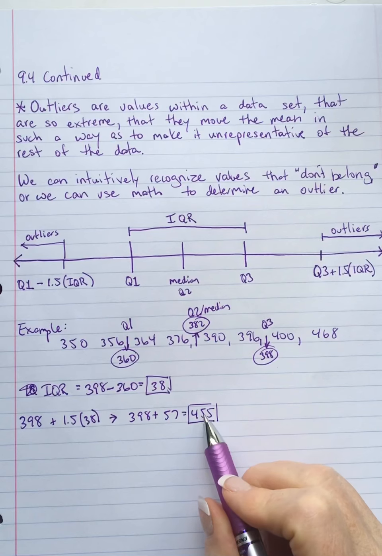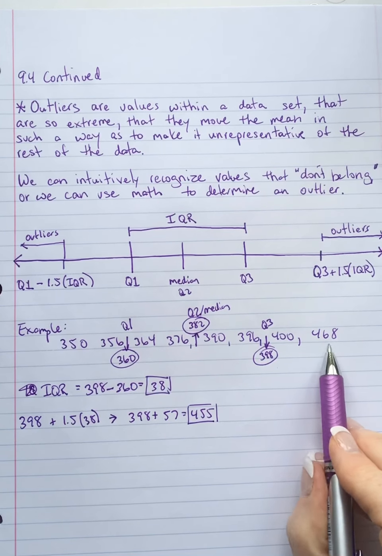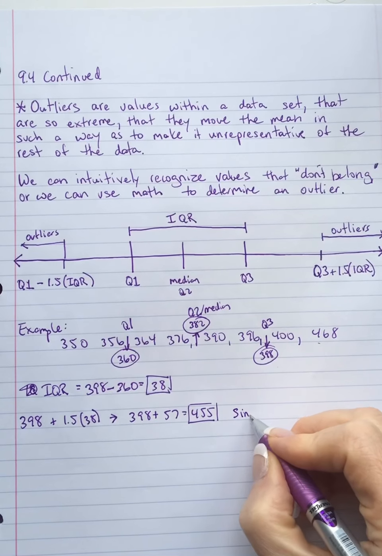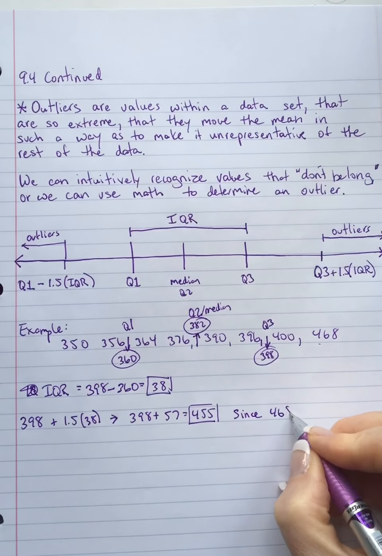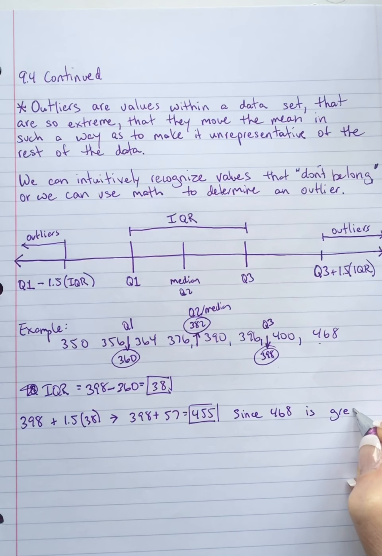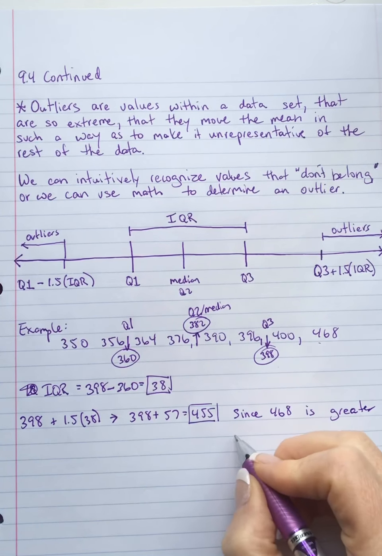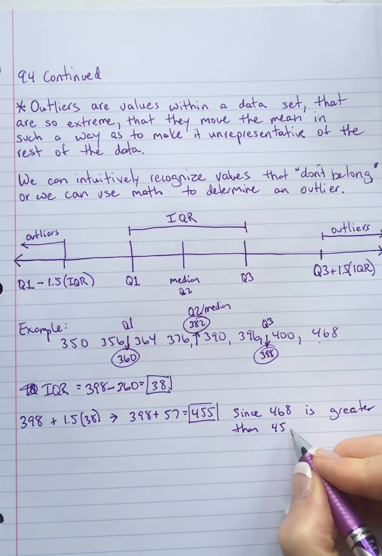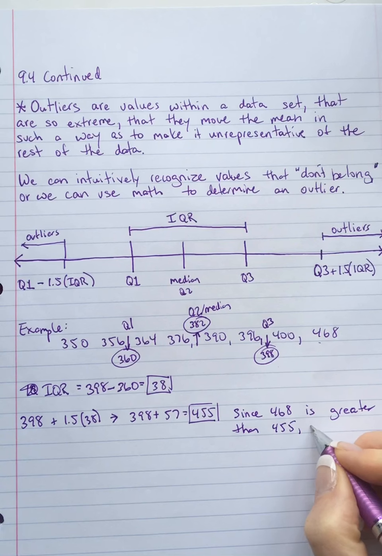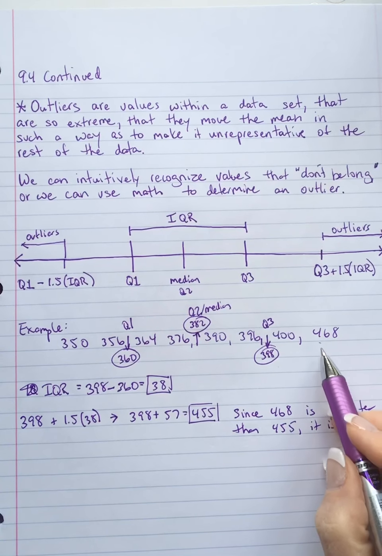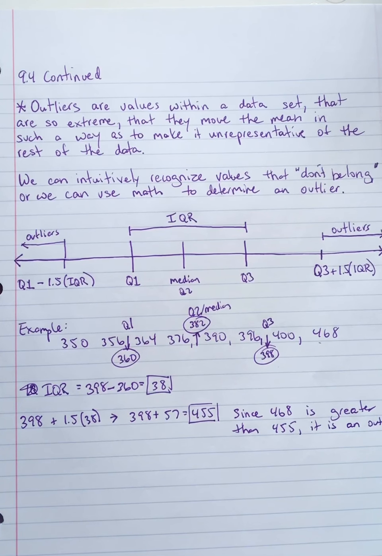Anything greater than 455 is an outlier, and look at that, we have a 468. So since 468 is greater than 455, it is an outlier. So that guy right there is an outlier.